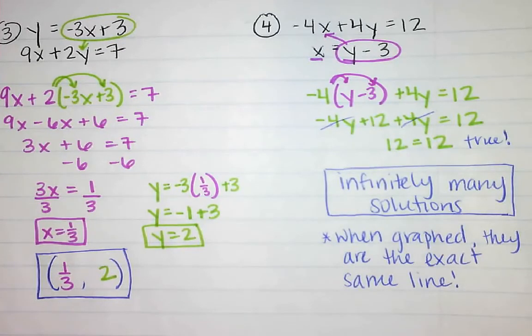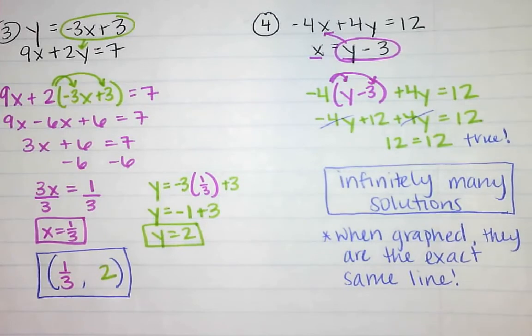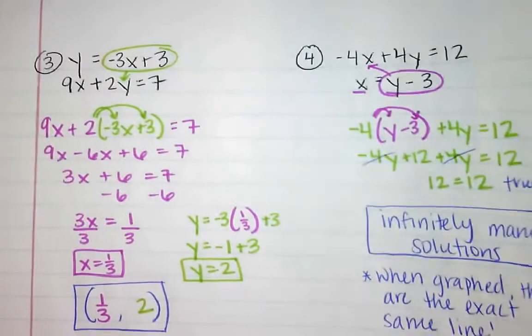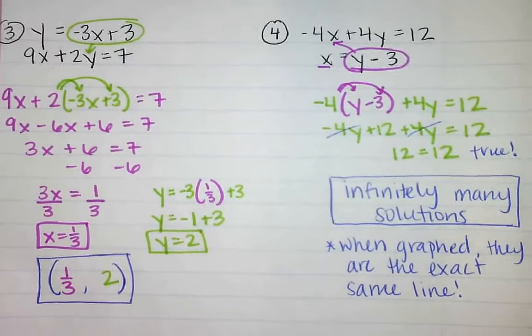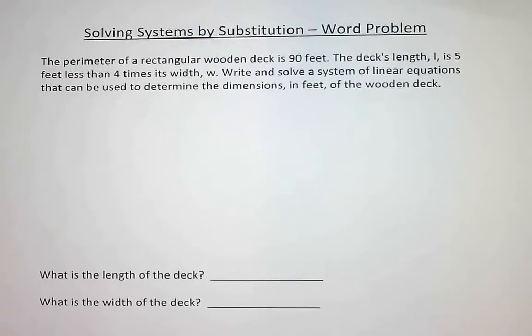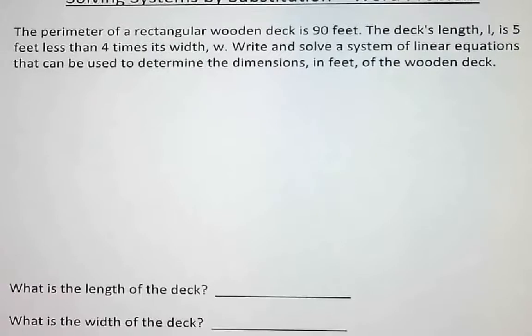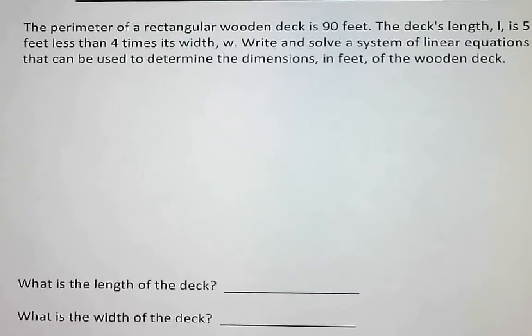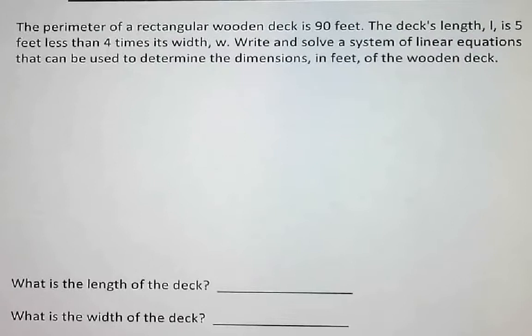So now I'm going to do a lovely word problem with you guys, okay? So we are going to set it up, and you guys don't have to copy down the word problem, but I do want you to copy down the equations that we get from this, okay? So we're going to try to create the equation. All right. So the perimeter of a rectangular wooden deck is 90 feet.